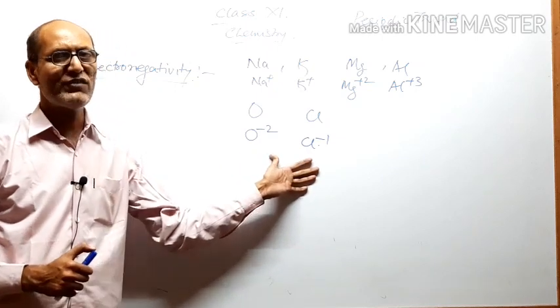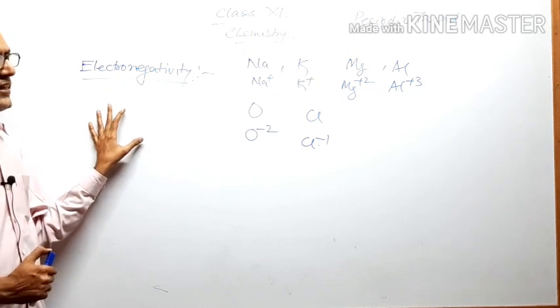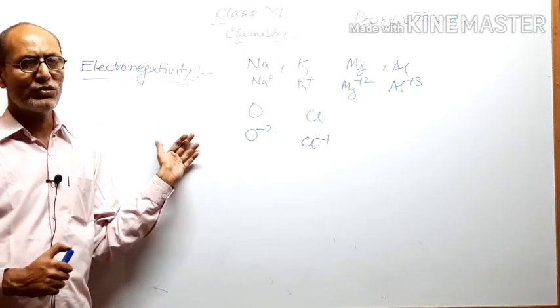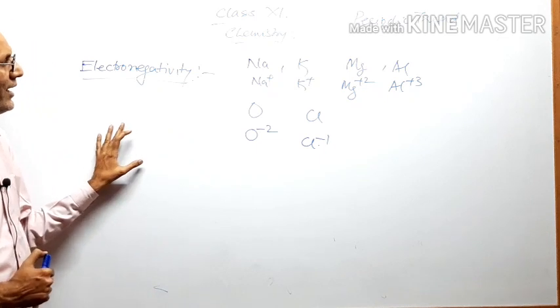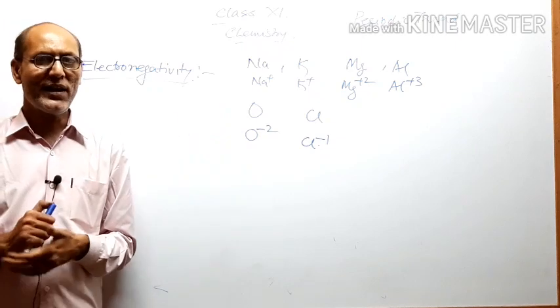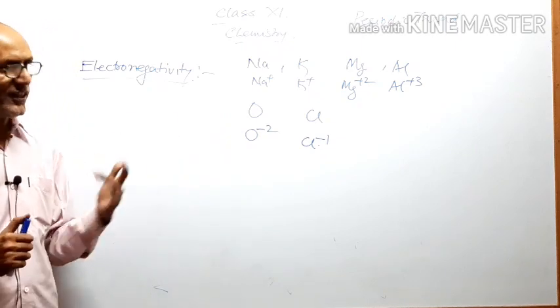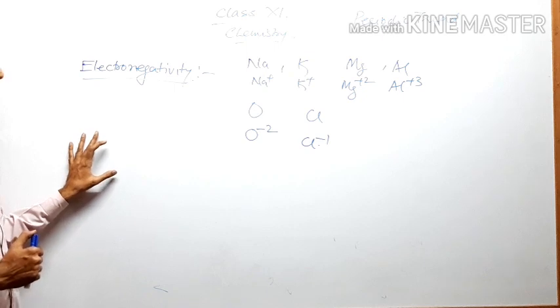What is the meaning of electronegativity? That means the tendency to attract electrons from an external source is called electronegativity. It means the nature of an element which can gain electrons and complete its octet.